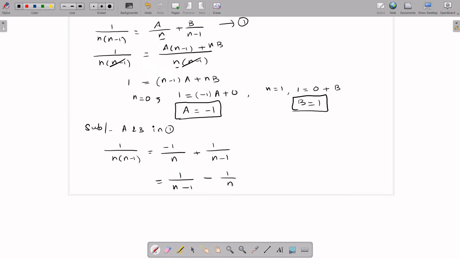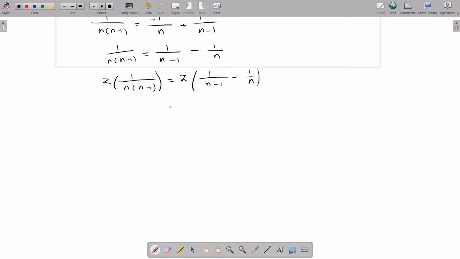Next we have to find out the Z transform of this function. So apply Z transform on both sides. Z transform of 1 by n into n minus 1 is equal to Z transform of 1 by n minus 1 minus 1 by n.